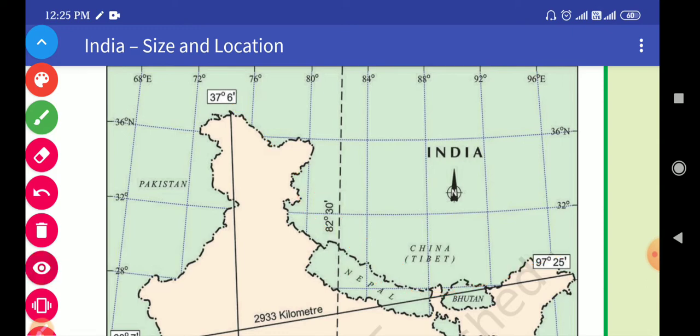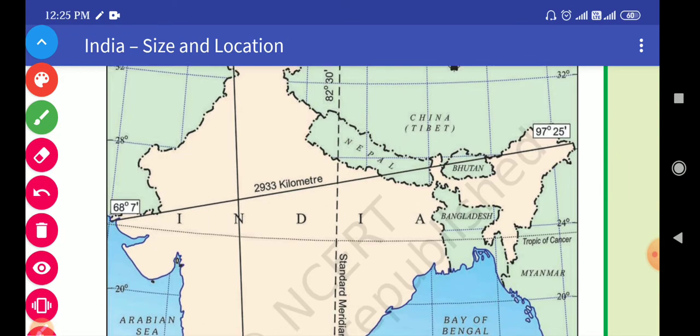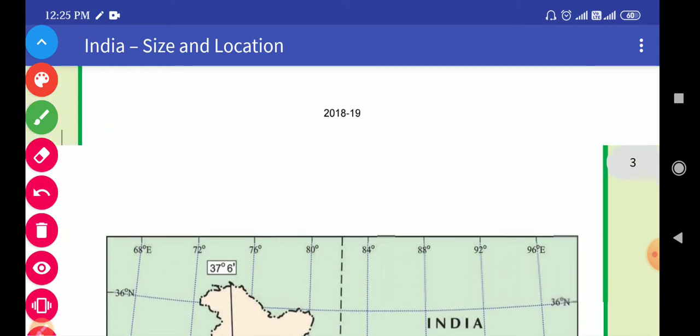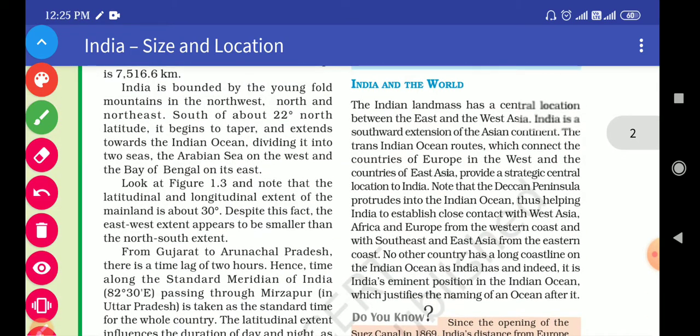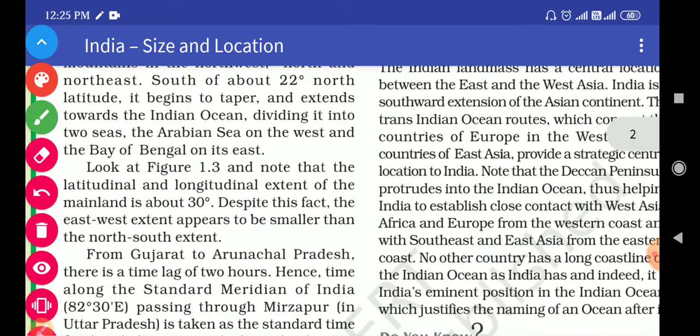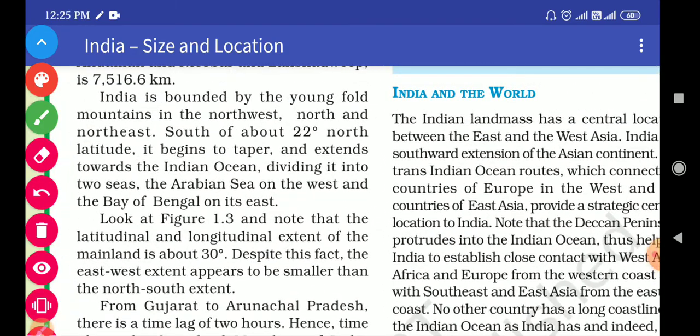Now what is the next? The next thing is south of about 22° north latitude. Once again see the map.